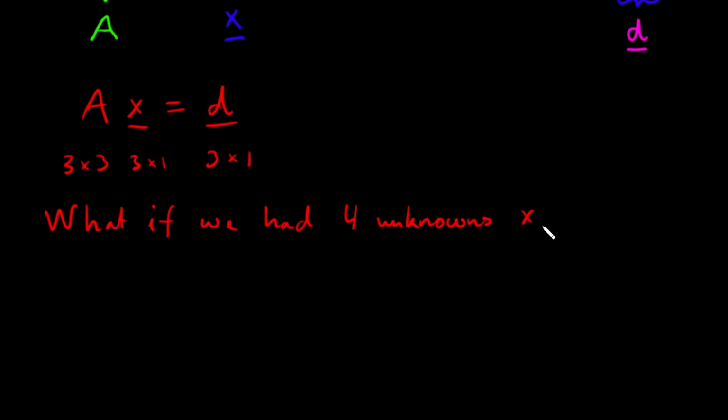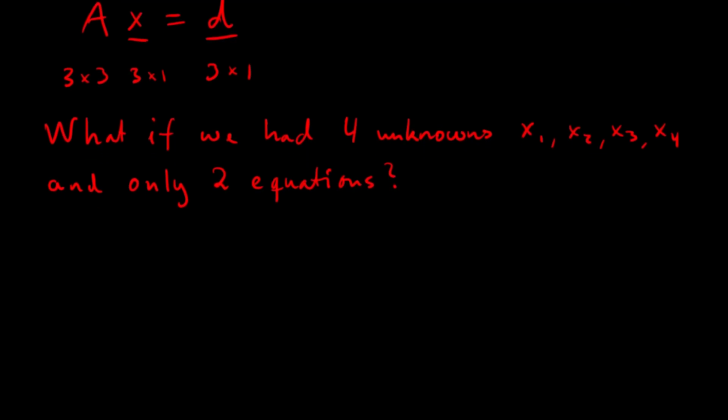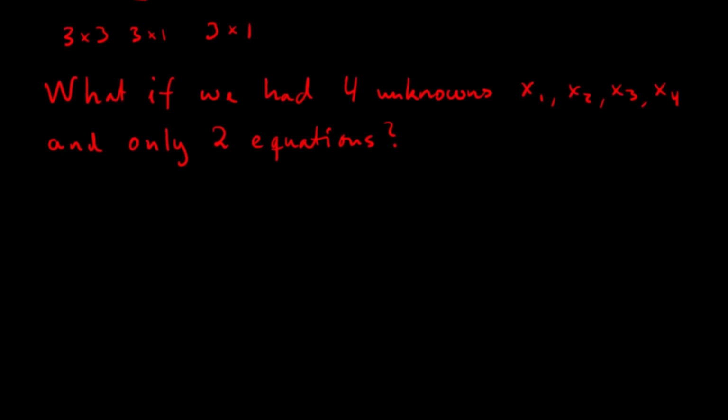We call these unknowns x1, x2, x3, and x4. And only 2 equations. How may we express this using matrix multiplication? Is that possible too?